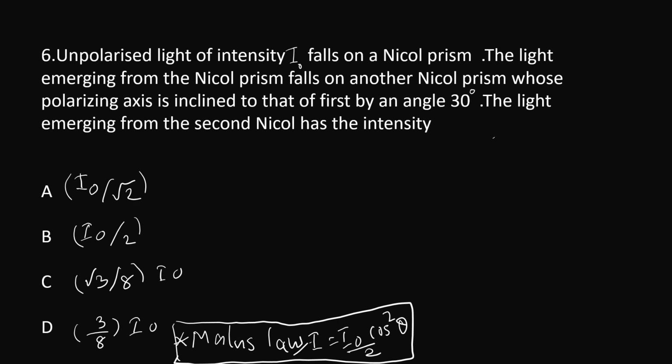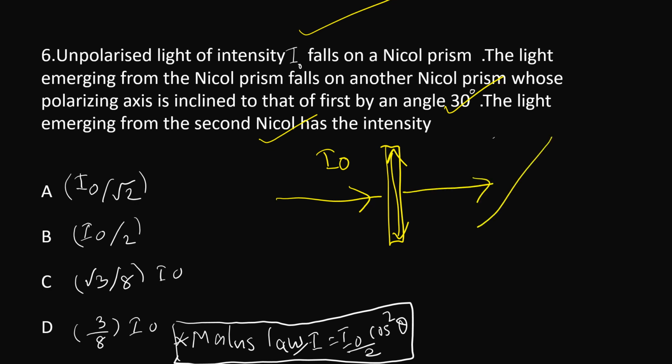Unpolarized light of intensity I0 falls on Nicol prism. The light emerging from the Nicol prism falls on another Nicol whose polarizing axis is inclined to that of the first by theta degree. The light emerging from that second Nicol has intensity. Consider a ray of light of intensity I0 falls on first Nicol. Let this be the vibration of light in this plane. Then the emerging light falls on another Nicol, which is at an angle 30 degree with the first.